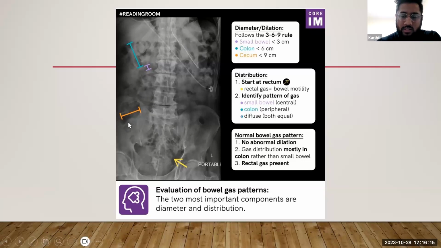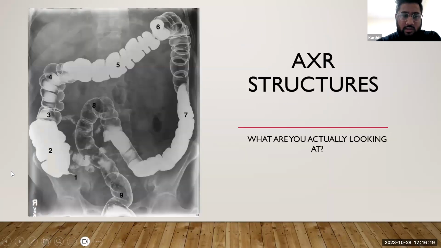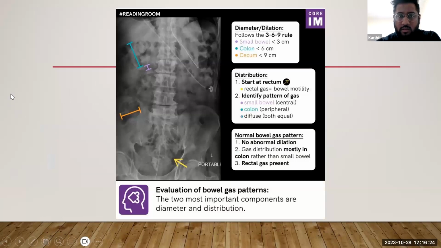Here was the cecum, so we're looking for 9 centimeters. So this part here, number 2. Okay. And here, the rest of the colon, 6 centimeters, and the small bowel, 3 centimeters.